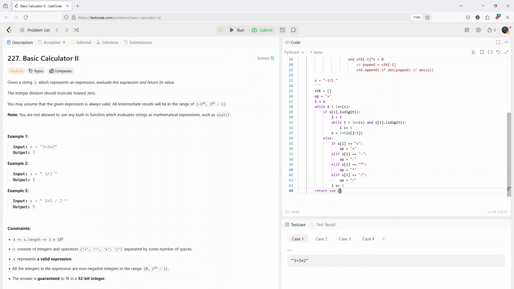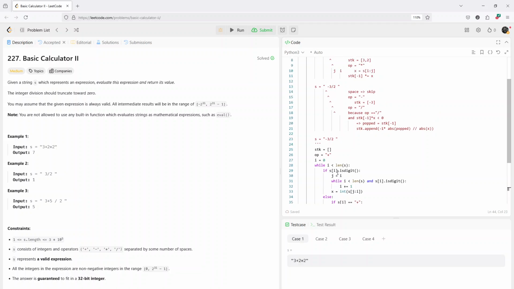Return sum of stack. Now we just need to take care of the cases where we have a number, like the -3. So here, the number's done. To add this -3 to the stack, we need to know that the previous operator was negative. Similarly, if this was a plus or nothing, then we know we're just going to add the 3 to the stack before we consider the division.